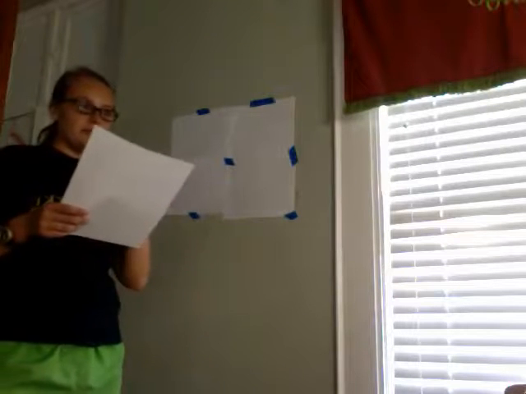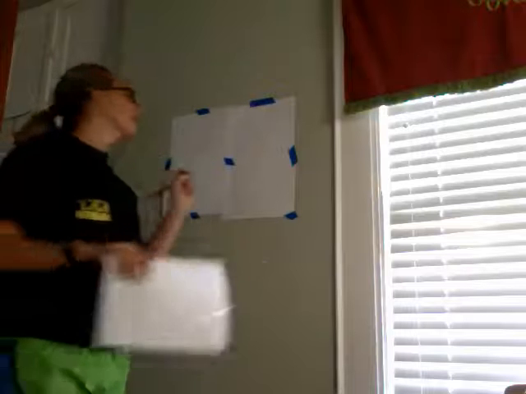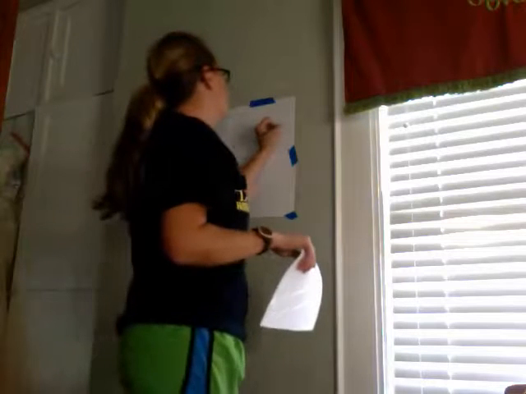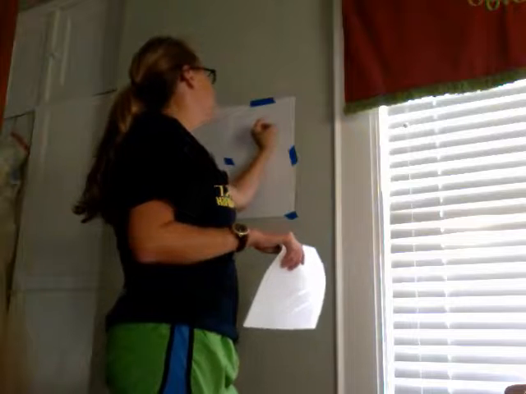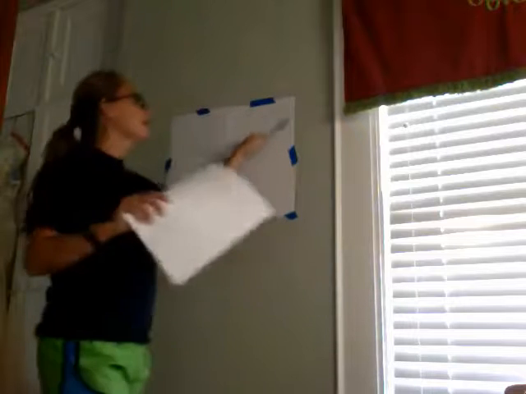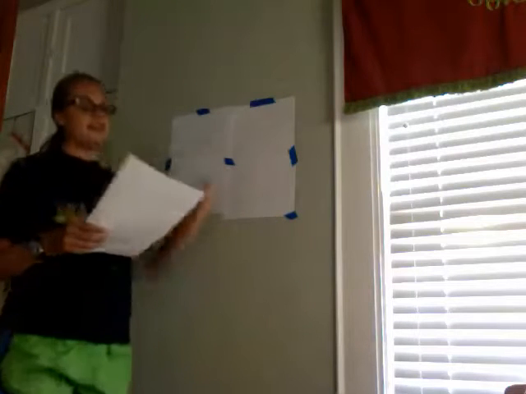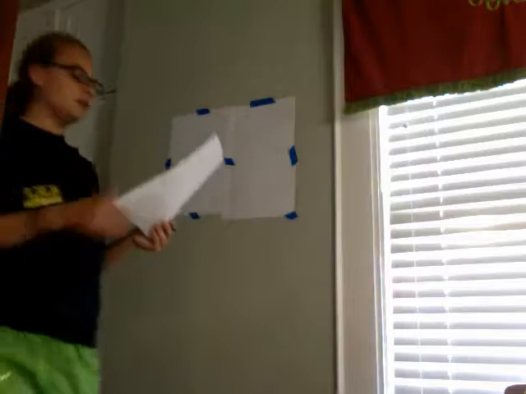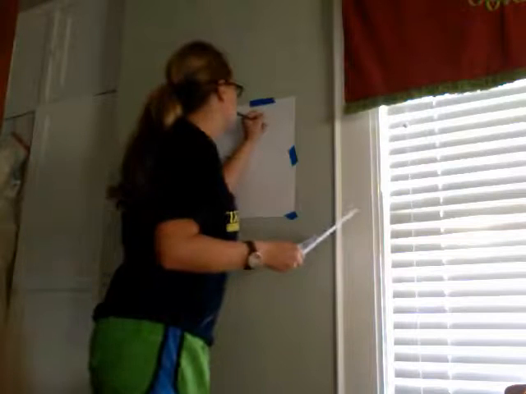Yes, Kelsey. 8? Good. That's right, because 2 plus 2 plus 2 plus 2 equals 8. Each side of the square is 2 centimeters, so it's going to be 8 centimeters long.